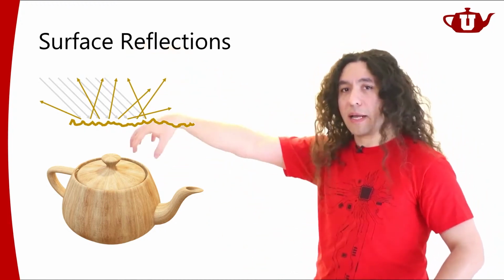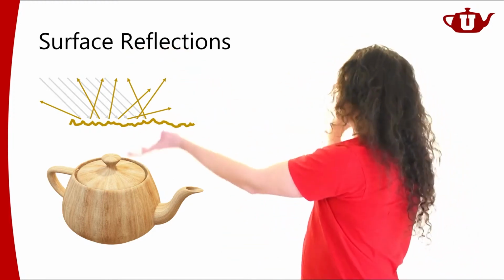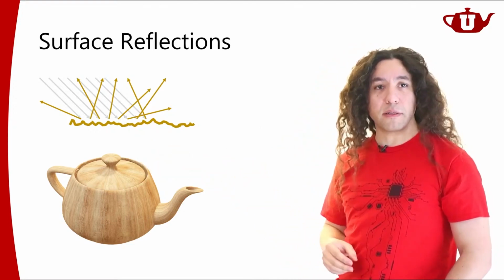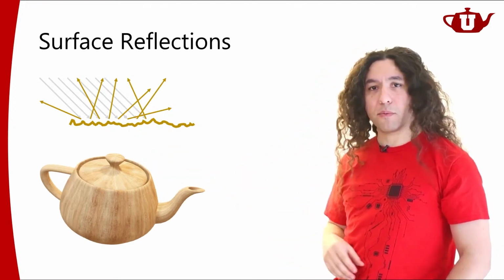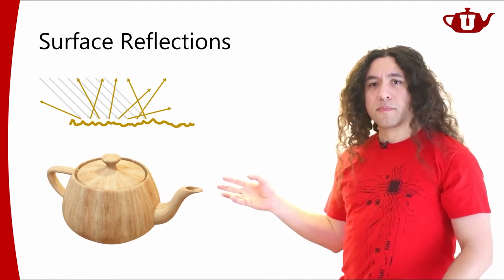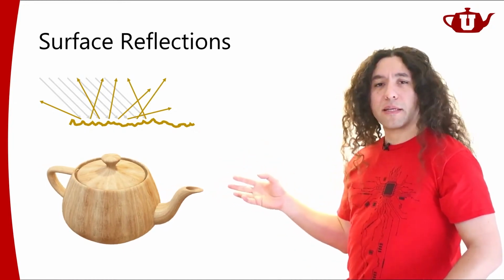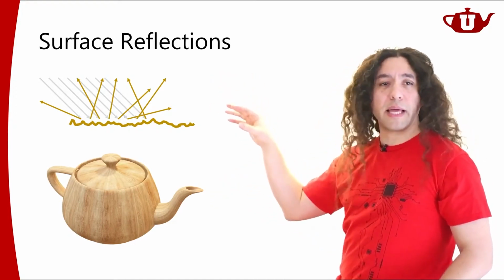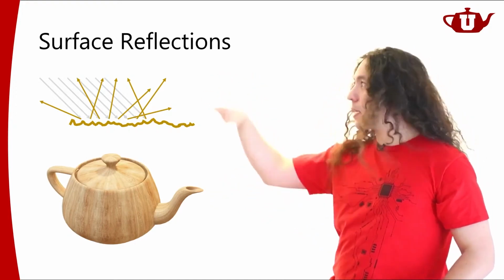So this beam of light hitting the surface is scattering in all directions uniformly if we have a diffuse material. So when I look at a diffuse object, it doesn't really matter from which direction I'm looking. I'm basically seeing more or less the same thing on average because light is scattering in all directions equally.